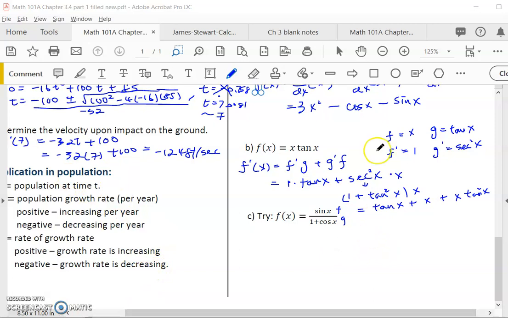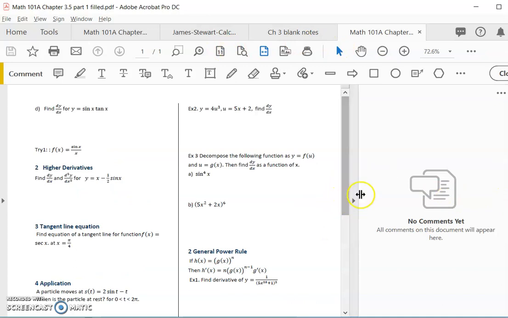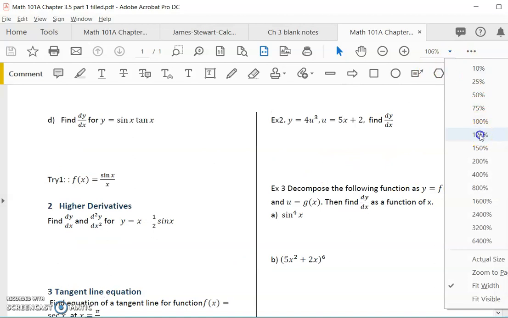Okay, so let's go to the second page of 3.5. So we have this: find dy dx for y equal to sine x tangent x. This is again a product rule. But both of them are trig functions, so it's a little different from the last one that we did of a product rule. Make it a little bigger first.